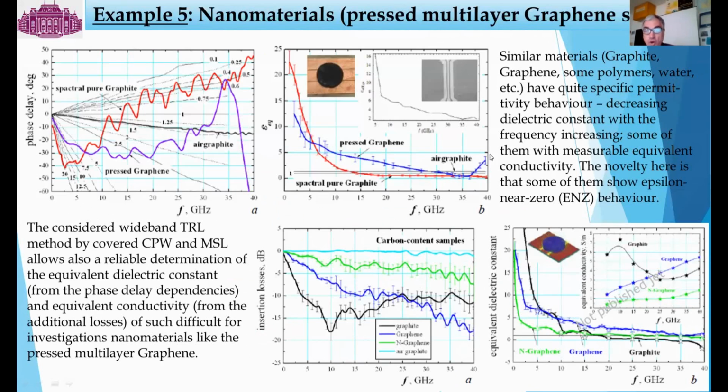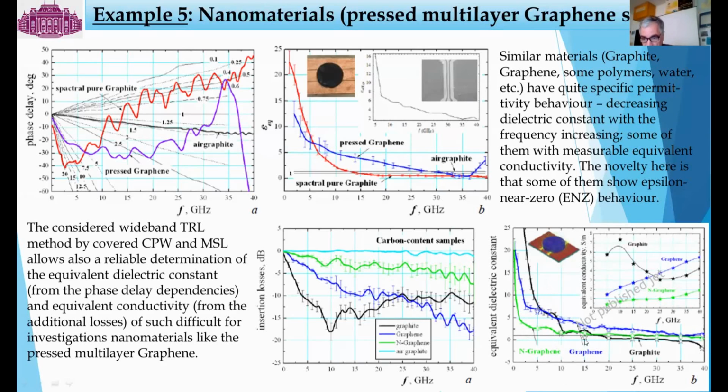A similar effect we obtain for some graphene materials. For example, I have information here for graphene, but not the typical single layer or few layer material. Our example is multi-layer graphene, and very important, this is new information for N-doped graphene, nitrogen doped graphene.